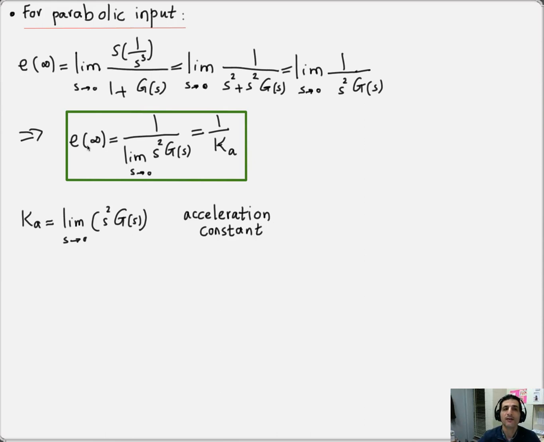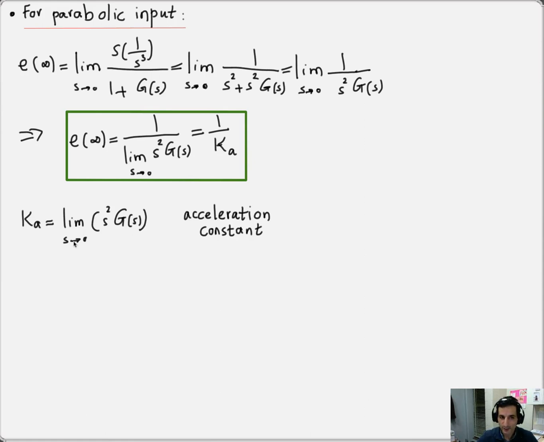Okay, so when you have a parabolic input, your steady state error is calculated by 1 over Ka. Again, Ka is just the acceleration constant that can be calculated like this. In order to have a 0 steady state error to a parabolic input, you must make sure that Ka goes to infinity.